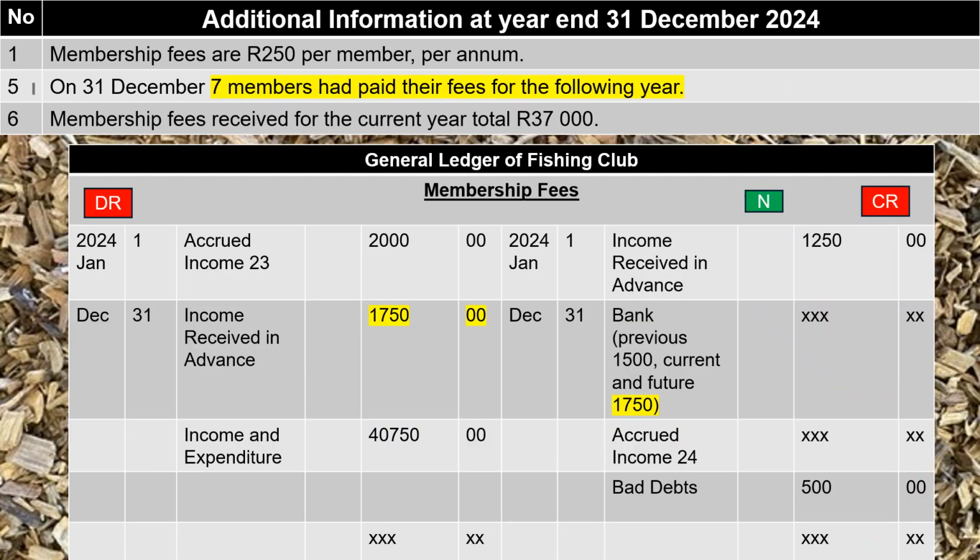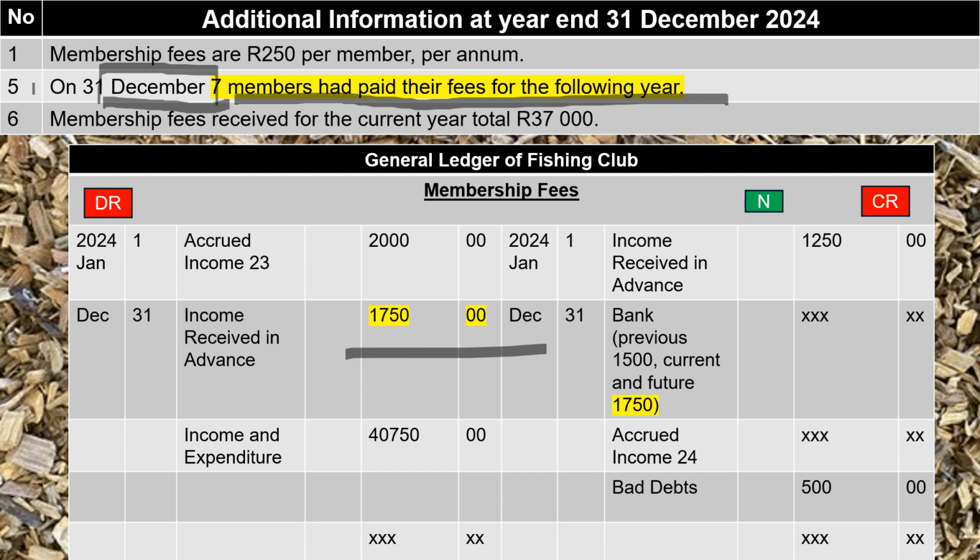Then it says on the 31st of December, 7 members had paid their fees for the following year. Now that is income received in advance. That income relates to 2025. It must be taken out of membership fees.